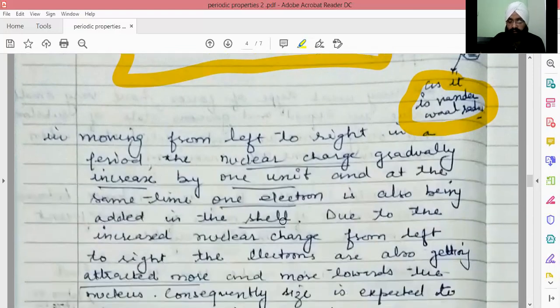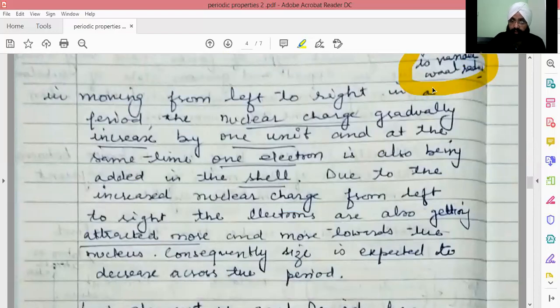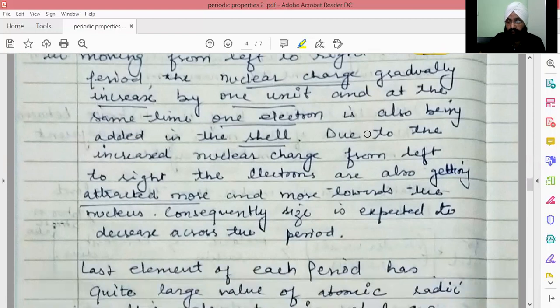So this is the reason for the decrease in size: the effective nuclear charge increases gradually from left to right. And the noble gas is not compared with the other elements of the period, because for noble gases we consider the van der Waals radius, and in all other cases we use covalent radius. So obviously the van der Waals radius value is quite high compared to the covalent radius.